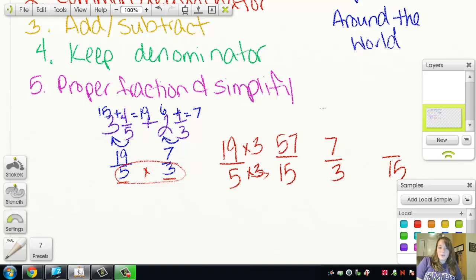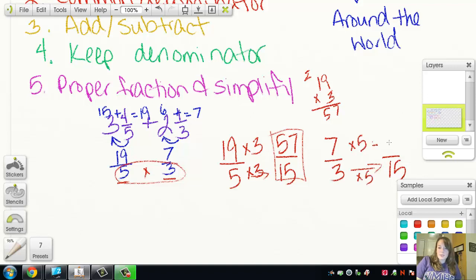I did the math beforehand, but just for kicks. 19 times 3. 3 times 9 is 27. Carry the 2, 3, 4, 5 is 57. Alright, so I've got 57. And over here, 3 to get to 15 times 5. So times 5.